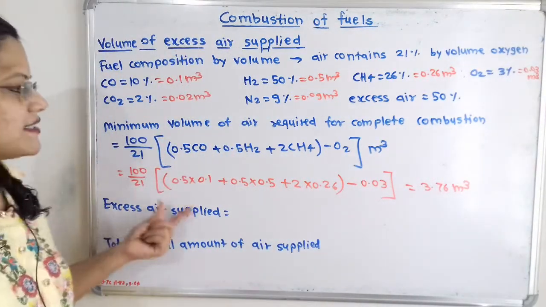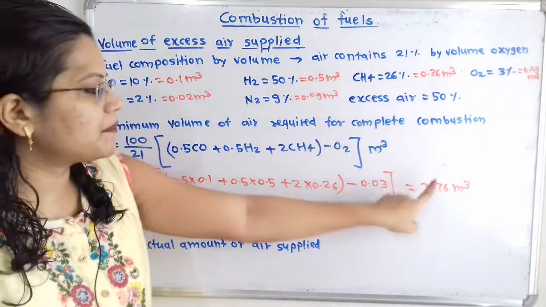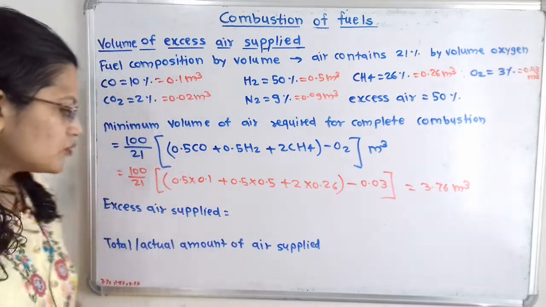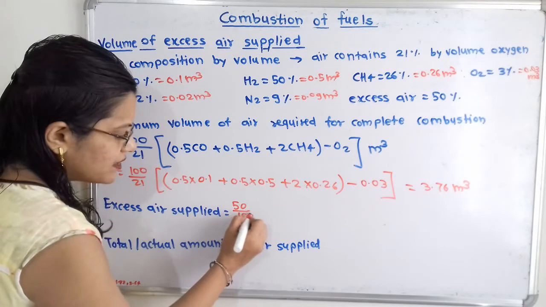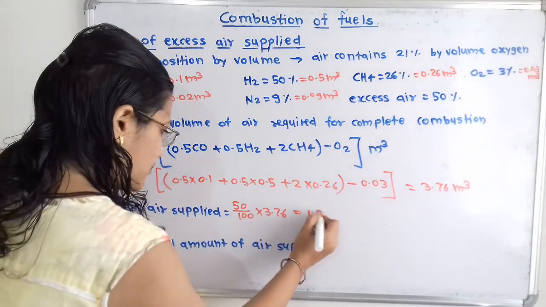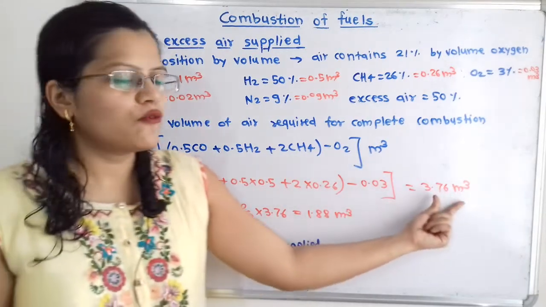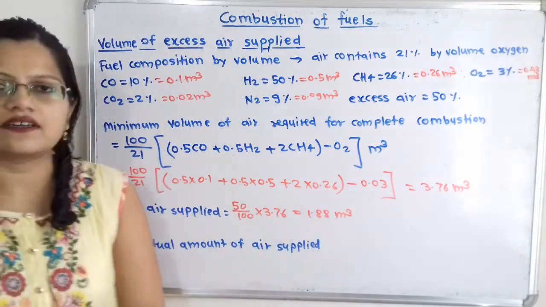Now what is the excess air supplied? Excess air supplied is 50% of this amount, that is the minimum volume of air. So excess air supplied is 50 by 100 multiplied by 3.76, which is equal to 1.88 meter cube. So 3.76 is the minimum volume of air required for the combustion, and this is the excess air supplied.